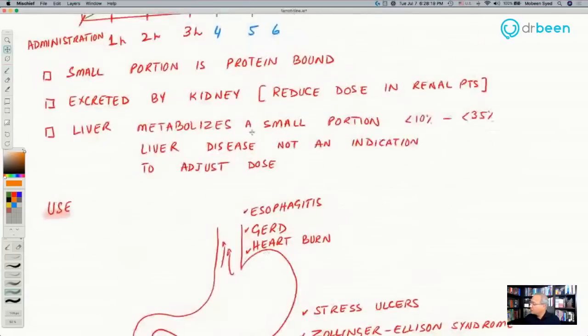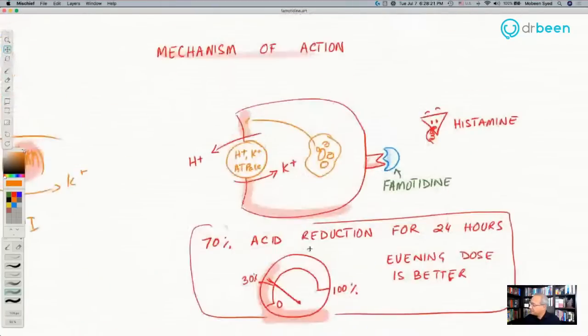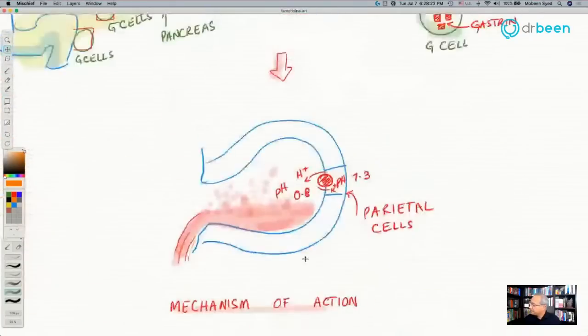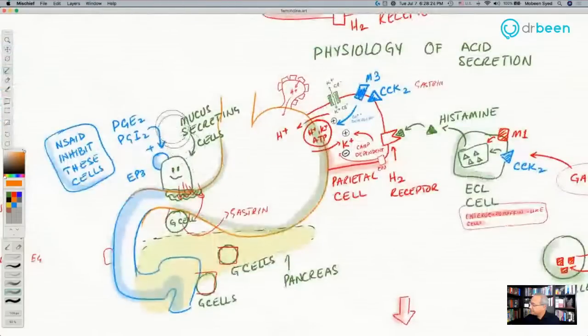So if I go back to that diagram for a second, imagine that the person is taking painkillers, and because they're taking painkillers, there is a risk that their mucus secretion would become less. They would start developing ulcers. So the best thing to do is that we also reduce the acid secretion.